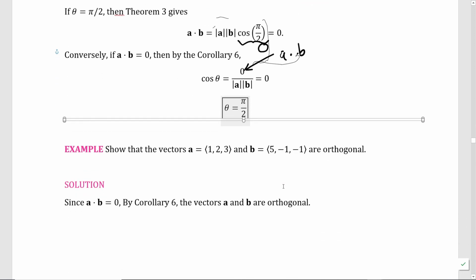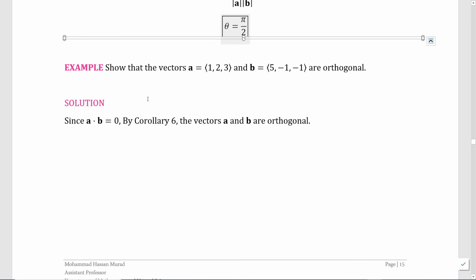Let's see an example. We want to show that these two vectors are orthogonal to each other. This can easily be shown: if we get the dot product of these two vectors to be 0, then by the previous corollary, the vectors must be orthogonal.